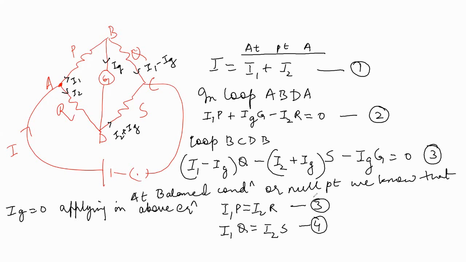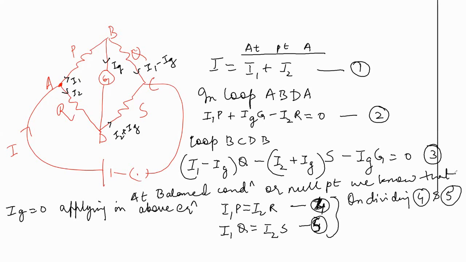Equation 3 we have already taken, so you can take this one as 4 and this one as 5. So dividing 4 and 5, you will get P by Q equal to R by S. And this is the condition of a balanced Wheatstone bridge.